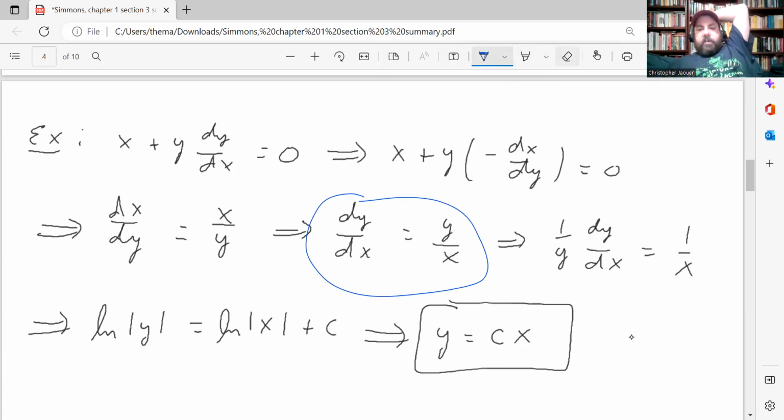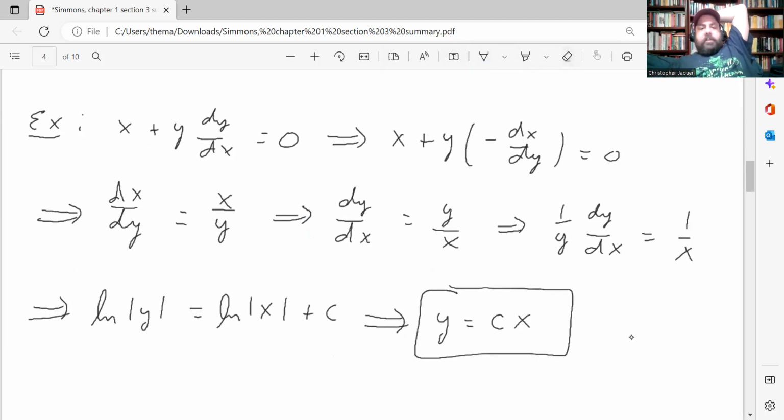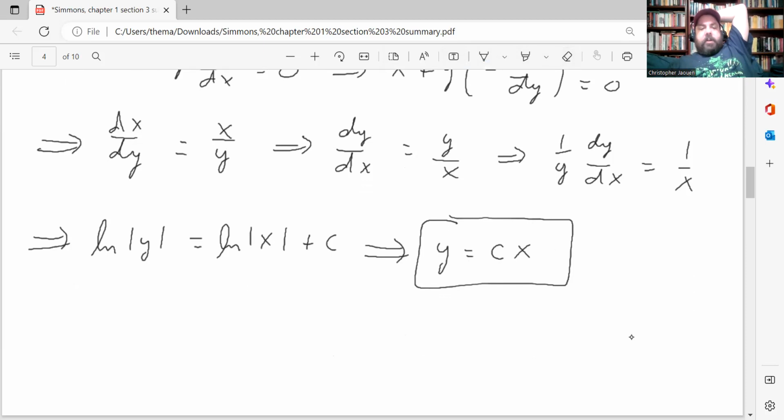If we separate variables, we get the equation 1 over y dy equals 1 over x dx. And then finding the antiderivatives, we get natural log of absolute value y equals natural log absolute value x plus c. And then, raising both sides to powers of base e, and simplifying, you get this one parameter family of curves, which is all lines that pass through the origin.